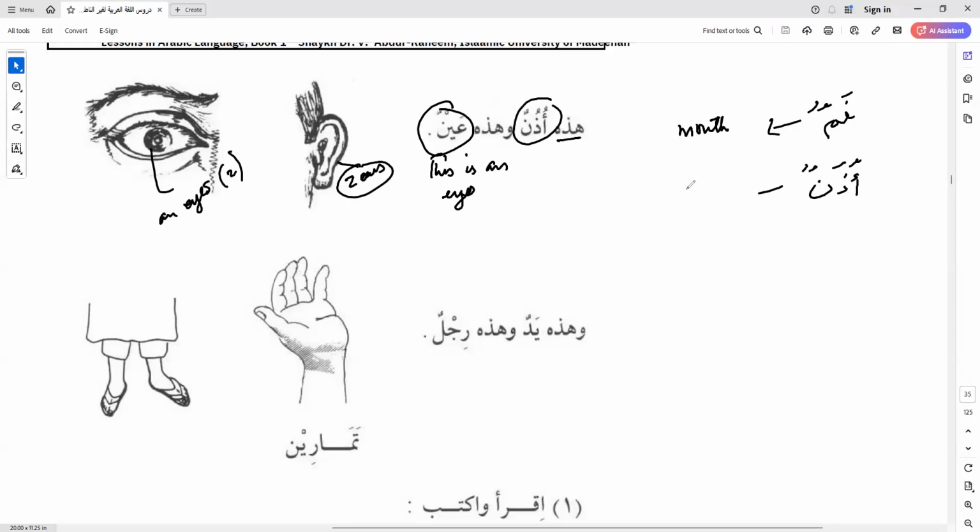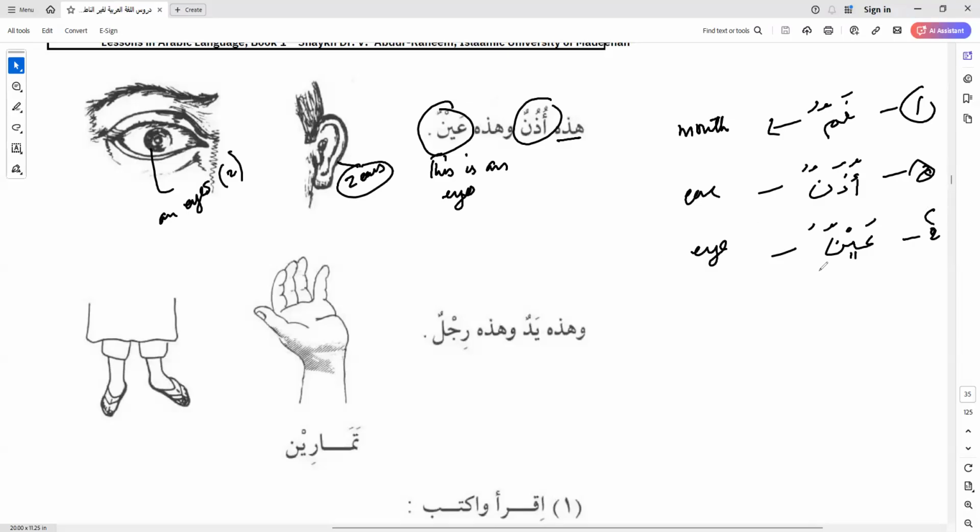That is your ear. And then we have عين. That is your eye. Now remember, this is one, this is two, this is two. We are talking about the count of the body parts. How many do you have?